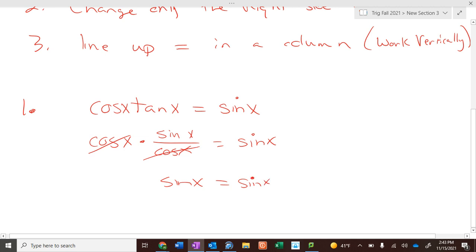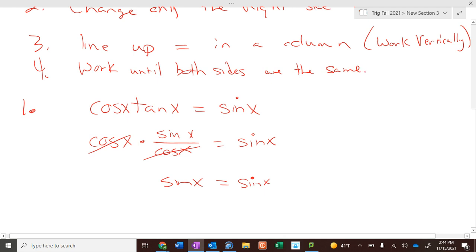Okay? You have to work until, step 4, I didn't write that down, work until both sides are the same. Work until both sides are the same.